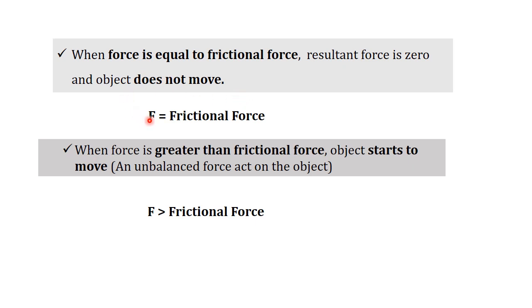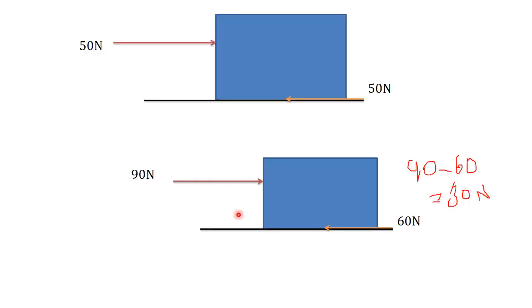When the force is greater than the frictional force, we are giving a force greater than the opposing force. What will happen? The object starts to move. That means an unbalanced force acts on the object. Now the body is moving because the force is greater than the frictional force.